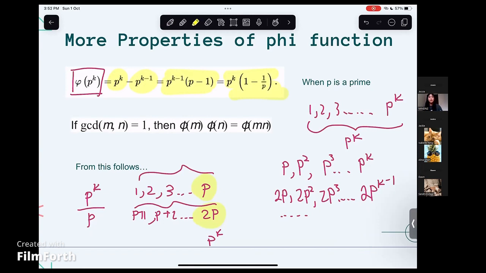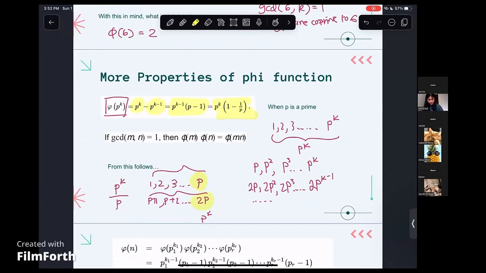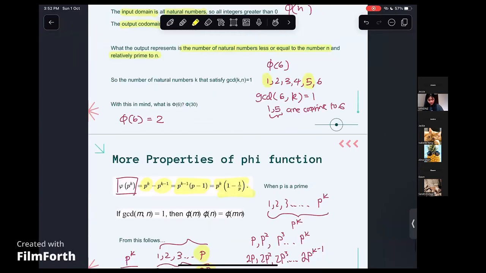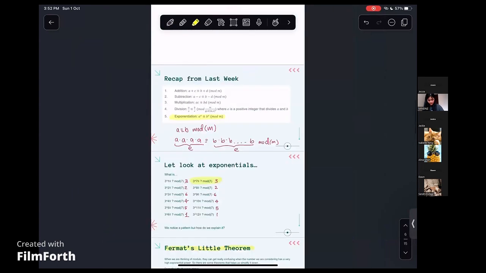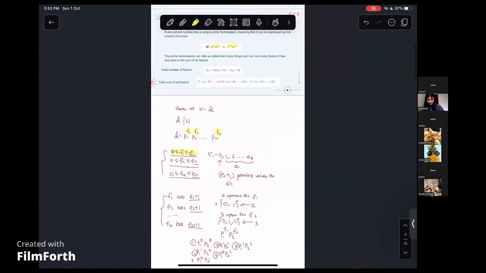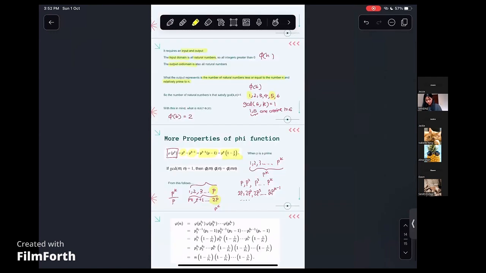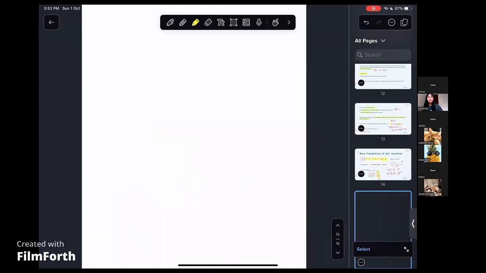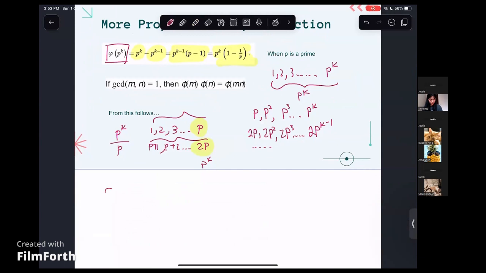Yep. Okay, good to hear. Okay, so that's how we get the phi function of p to the power of k is equal to p^(k-1)(p-1).